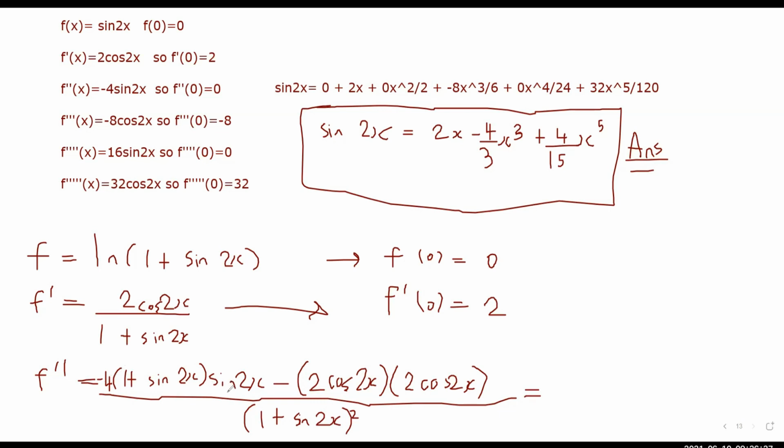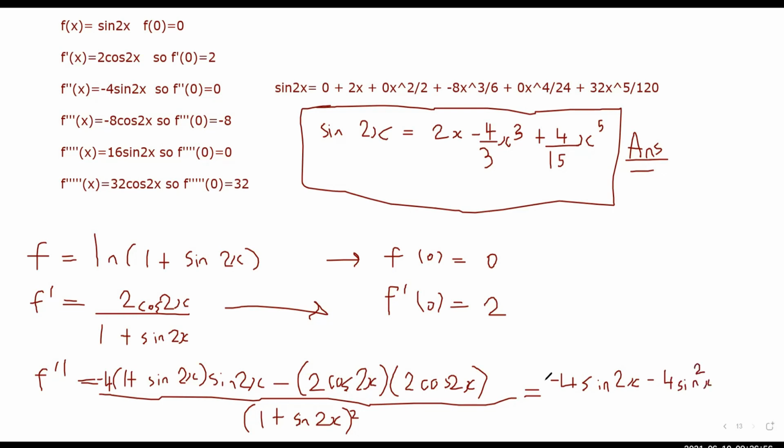Expanding it in, that would be minus 4 sine 2x. Then sine 2x times sine 2x is sine squared, so it becomes minus 4 sine squared 2x.